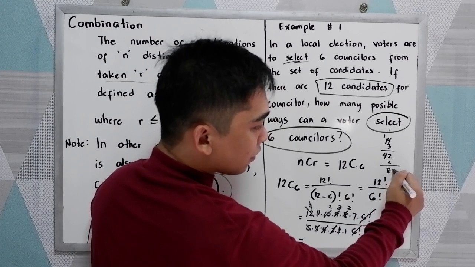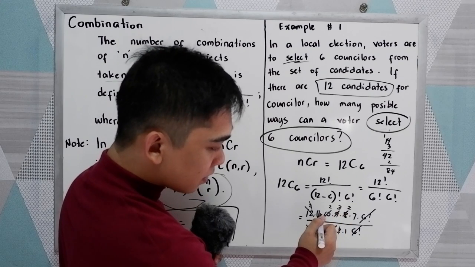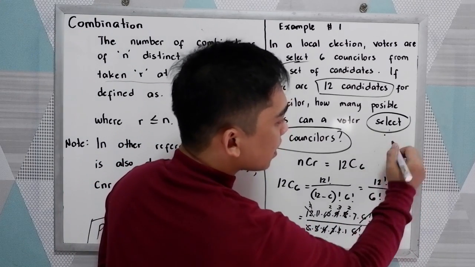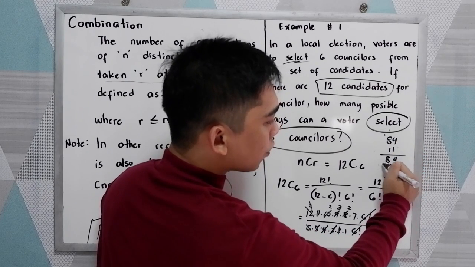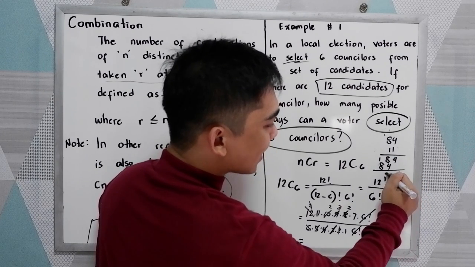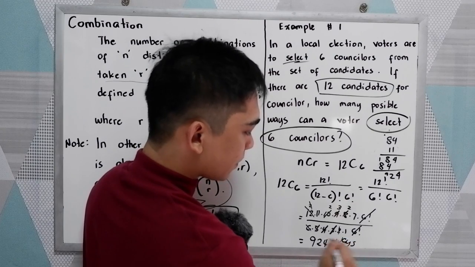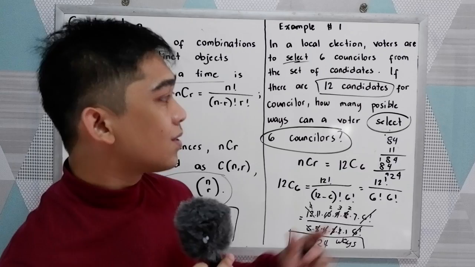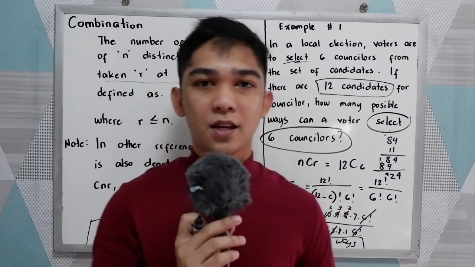Times 2, we have 84. 84 times 11, this will be our final answer. 84 times 11, that is 924. Yes. So there are 924 ways to select 6 councilors out of 12 candidates.